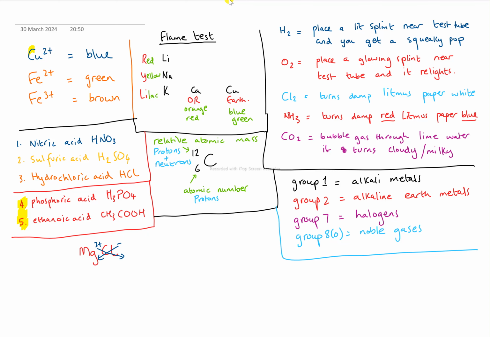So our compound will be Mg1, we don't need to write that, Mg and then Cl, and this 2 has gone down here. So we've got MgCl2. Don't want to go into that any further. That's how you figure out what a compound is.